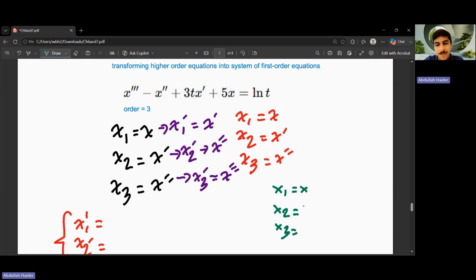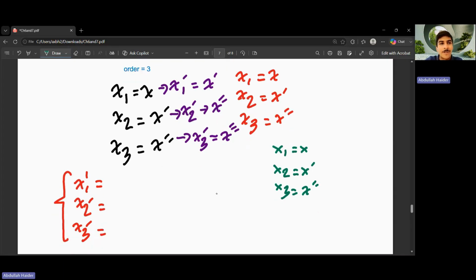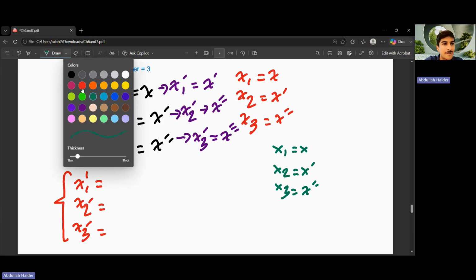Your x2 will be the next order of this x, which is x prime. And then your x3 will be the next order of your previous one, which was x prime. You will be increasing this by 1. You know what your x1, x2, x3 equal to? Now you can find the derivative.